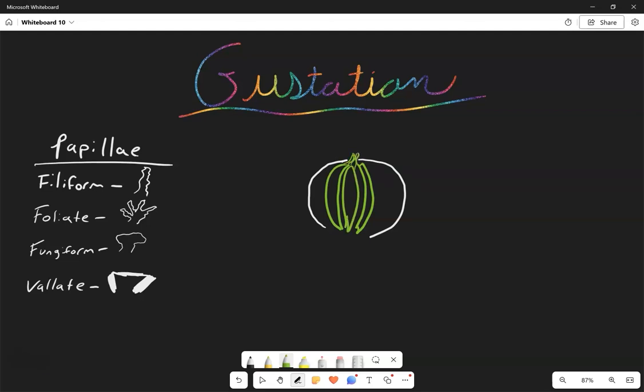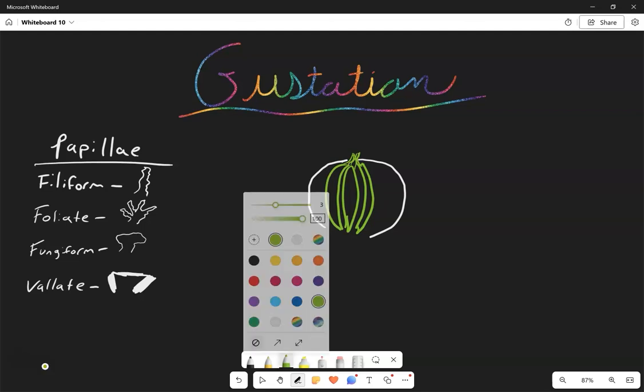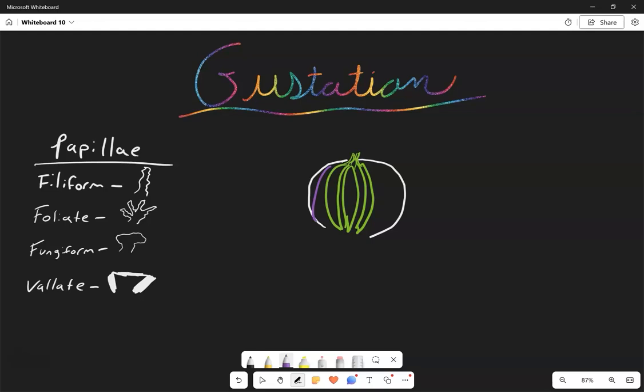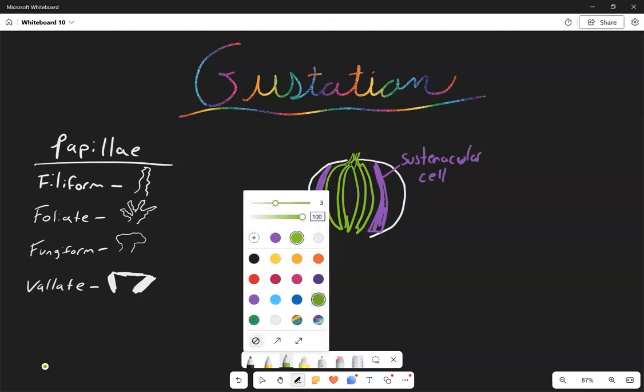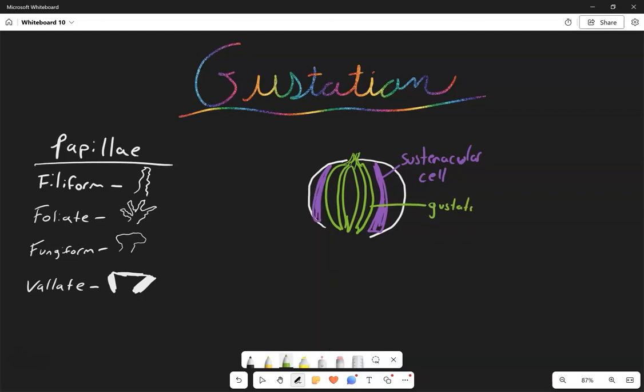They have little projections on them, and those have the receptors for the different tastings. Inside of here, you're also going to have some supporting cells, which are known as sustentacular cells. We'll label these green ones as our gustatory hair cell. So this all together is what makes up a taste bud.